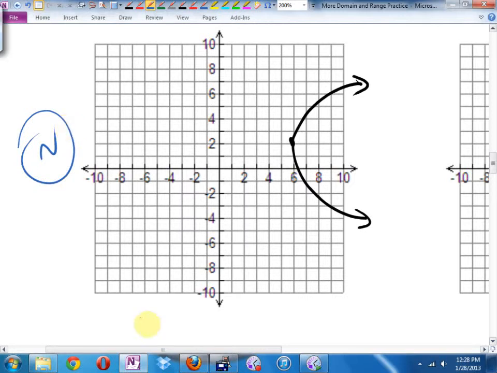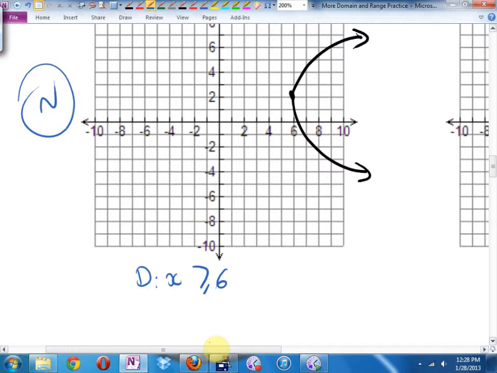Brody said, hey, Mr. Duick, I think the domain is x is bigger than, because Mr. Duick put a dot there, or touching 6. What if it was pointing to the left? What if it was this thing flipped that way? Oh, it would be everything less than or touching 6. What about the range? I think it's heading every height.